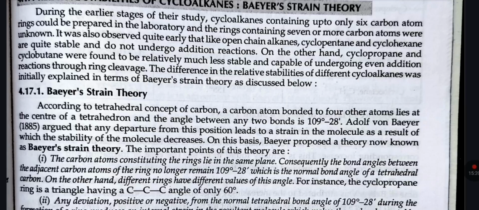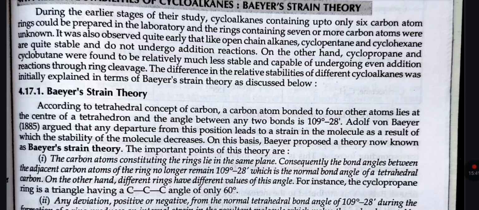Adolf von Baeyer, in 1885, argued that any departure from this position leads to strain in the molecule, as a result of which the stability of the molecule decreases. On this basis, Baeyer proposed a theory known as Baeyer's strain theory.